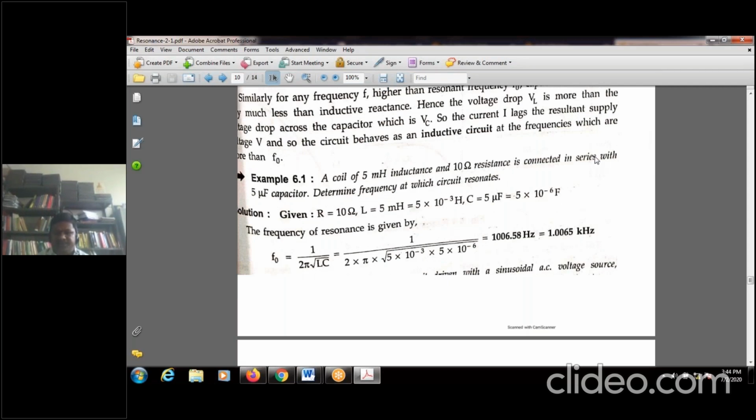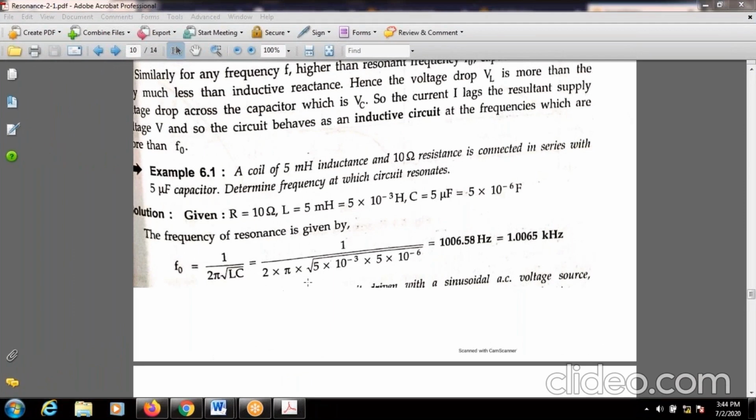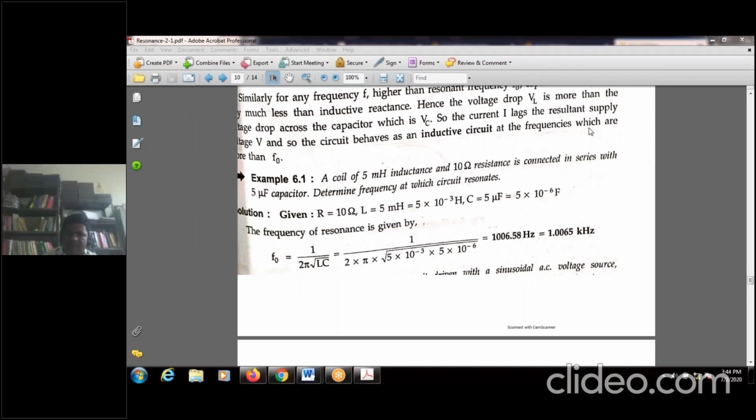Then substitute here, and the value is approximately 1 kilohertz. Okay, this is a simple problem: given the resistor value, inductor value, and capacitor value, find the resonance frequency.